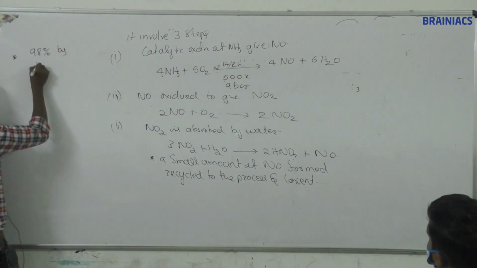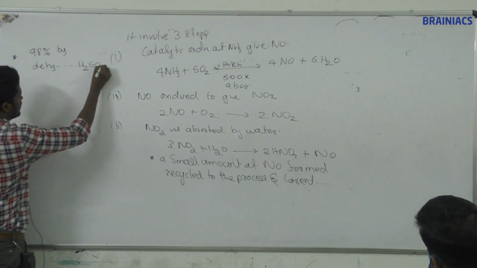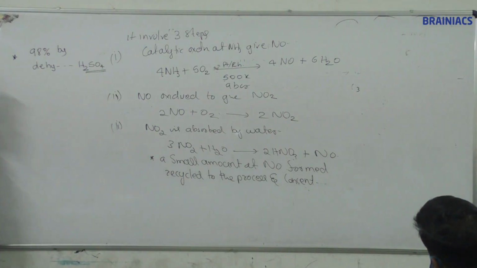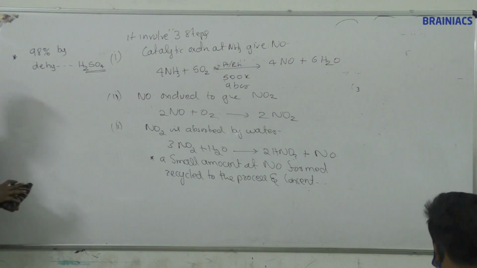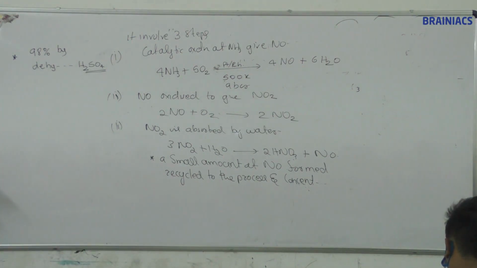98% by dehydration. So what is the strongest dehydrating agent? H2SO4. Okay, so it can be concentrated up to 98% by dehydrating with H2SO4.